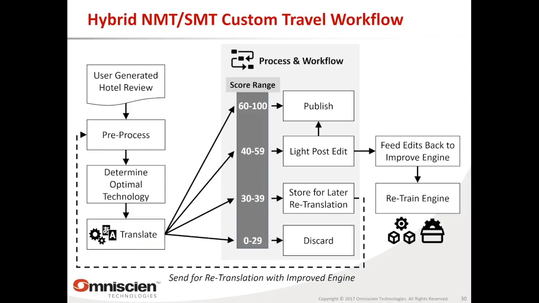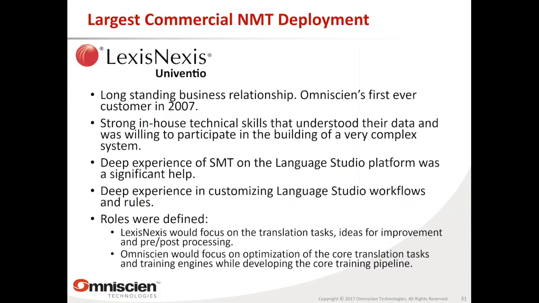So each time the engine is improved, we send it again for another cycle. And we can be improving our engines maybe once a week for a customer like this. But if it's very low, it's probably just the source is bad, we just discard the whole translation. In this type of content with travel reviews, hotel reviews, you've got enough volume that you can say, well, a certain percentage I can throw away, it's not worth fixing. Okay, so that's an unusual scenario, but it's real world as well. It does happen.